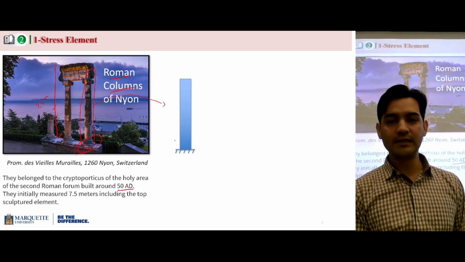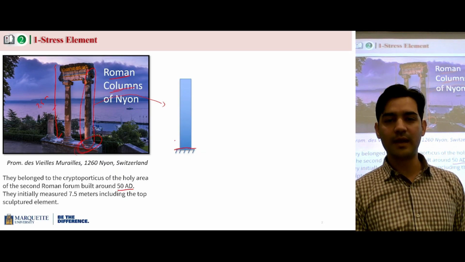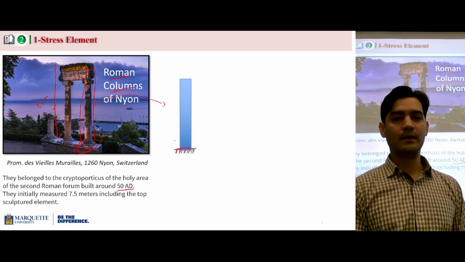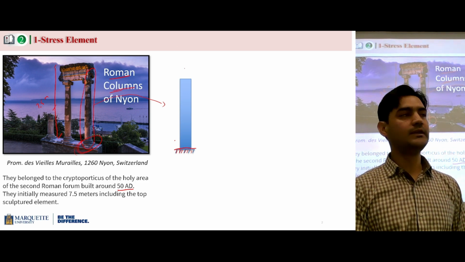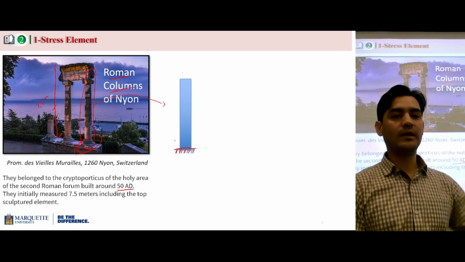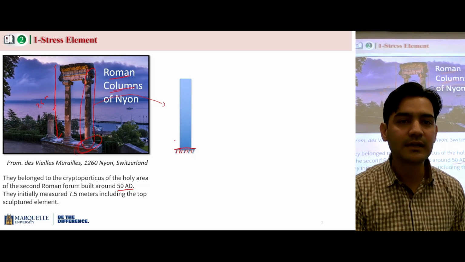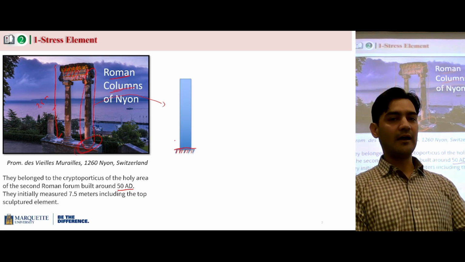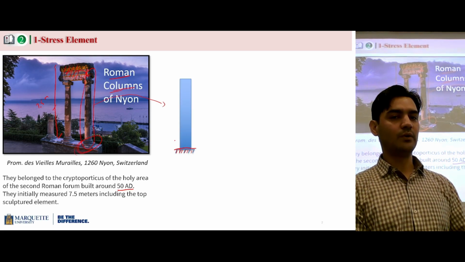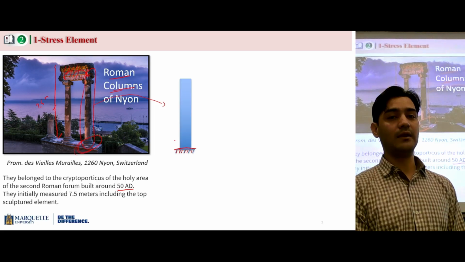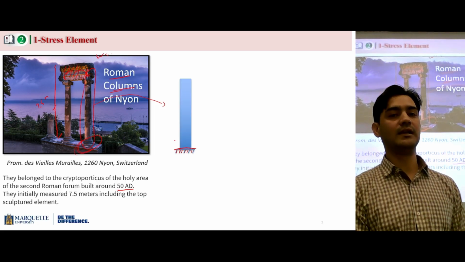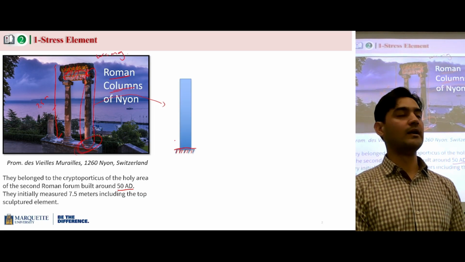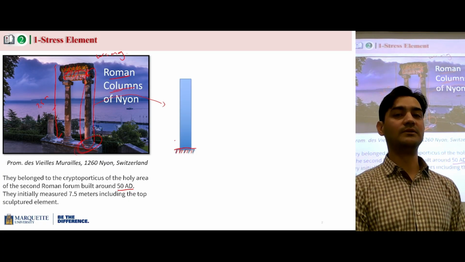So we can reasonably assume that the base is a fixed support, and we can also calculate the external force. How we can calculate the external force is basically this part: half of the weight will go here and half of the weight will go here, and we can calculate the weight if you know the mass and the gravity, which is 9.8 meters per second squared.